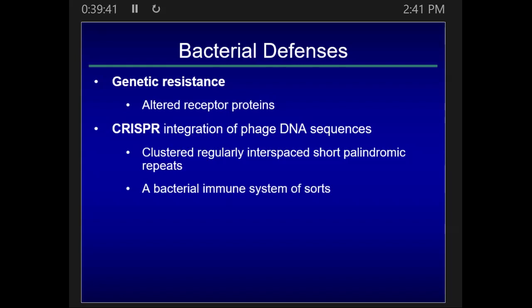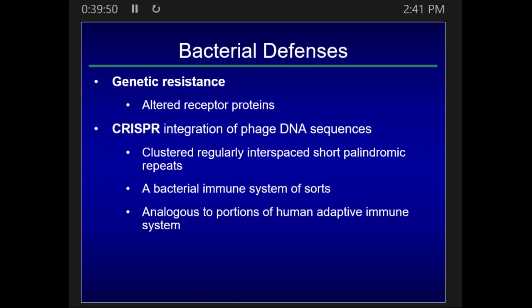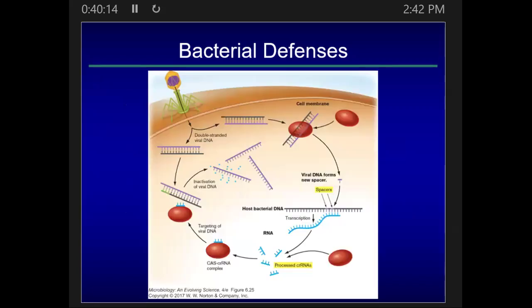It's their version of an immune system, and they say it's really kind of analogous to the human adaptive immune system. It's much simpler, but it can be pretty useful for the bacteria. So this idea of the virus can evolve and adapt and overcome, but then the bacteria can also do that. And so there's this constant back and forth between bacteria and the phages that interact with them, which they've studied a lot.